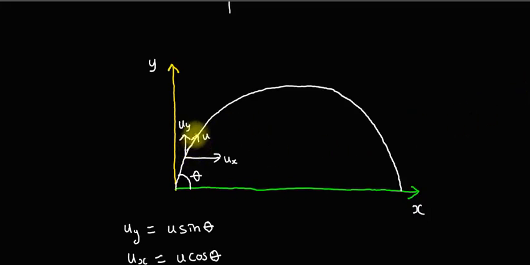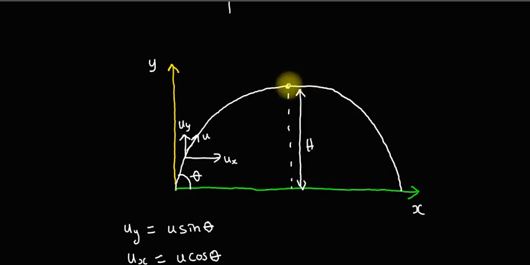All right, now this object is going to move along this path until it reaches a maximum or peak height. I'm going to just label this h. Now at this point of maximum height, the velocity here is just horizontal.